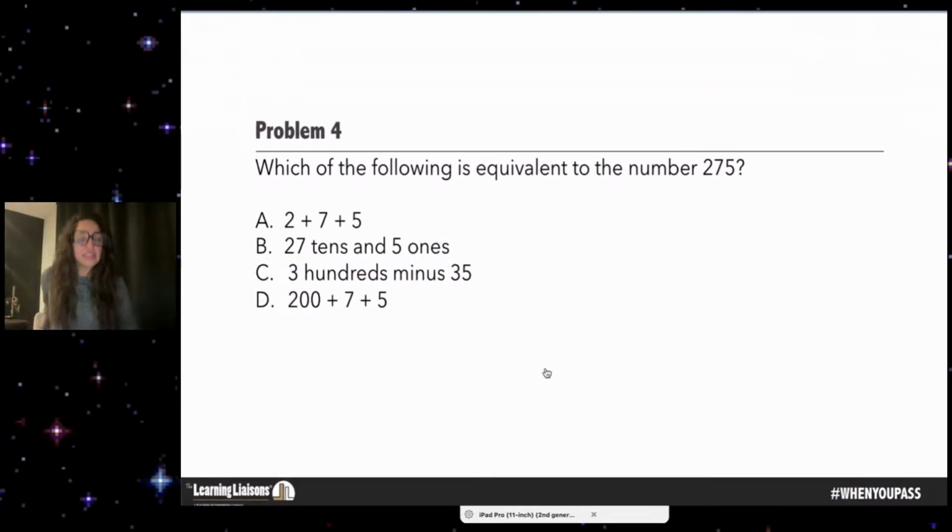All right, this is another one for my elementary people because this is what we like to call representing numbers in a variety of ways, right? So we are representing this number 275 in a variety of ways. So I can do expanded form. Expanded form. So if I write the number 275 here, whoops.